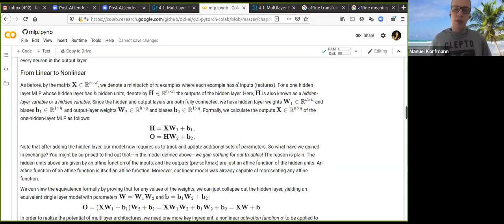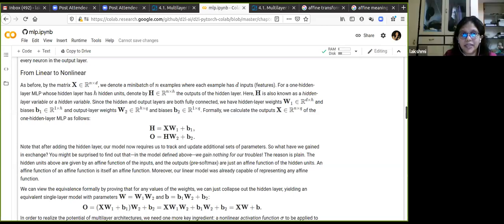Formally, we calculate the outputs O, element of real number space n by q, of the one hidden layer MLP as follows.